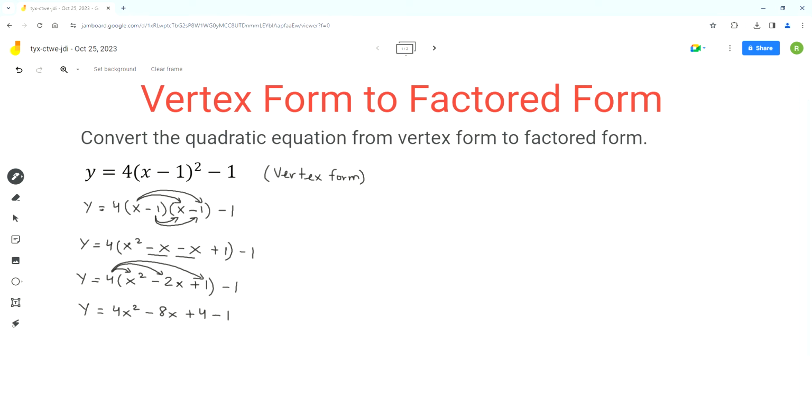Now we can identify any like terms in this expression. So 4 and negative 1 are like terms. So we can combine them to get 4x squared minus 8x plus 3. So this is the equation in standard form.